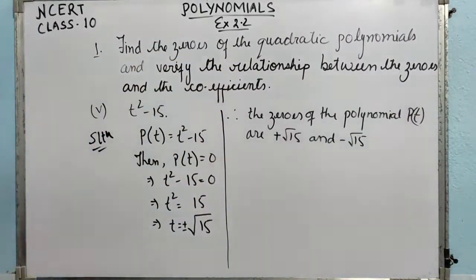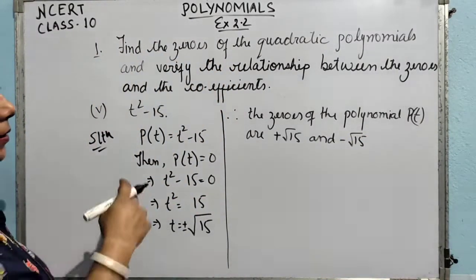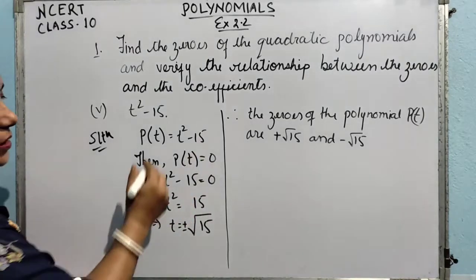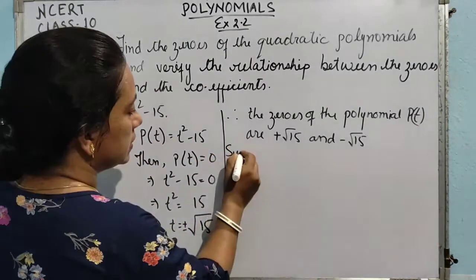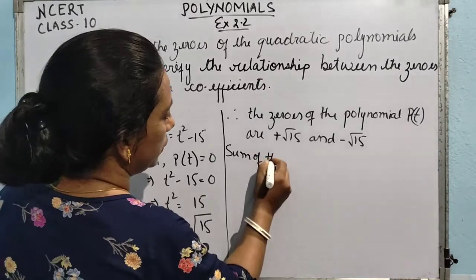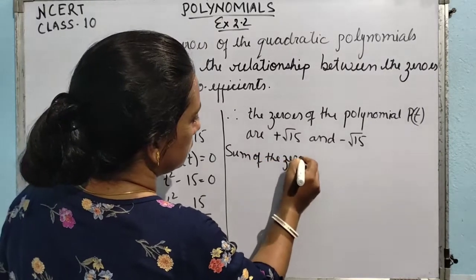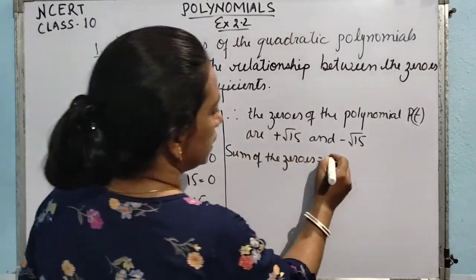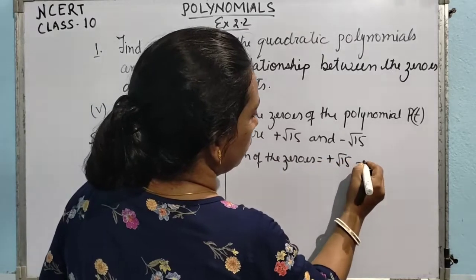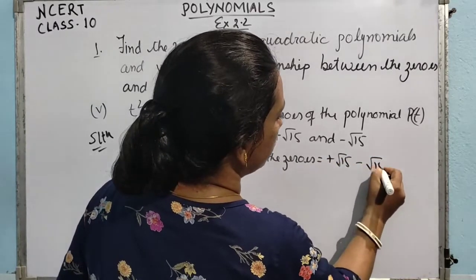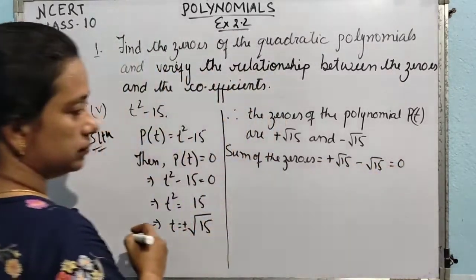Now you need to find out the relation between the zeros and the coefficients. So first we will find out the sum of the zeros. Sum of the zeros equal to, one is plus root 15 and the other is minus root 15. So ultimately equal to 0, isn't it?